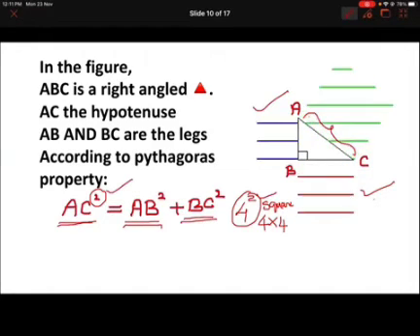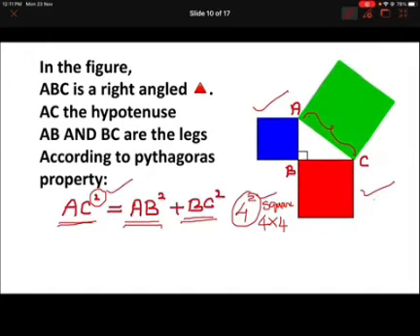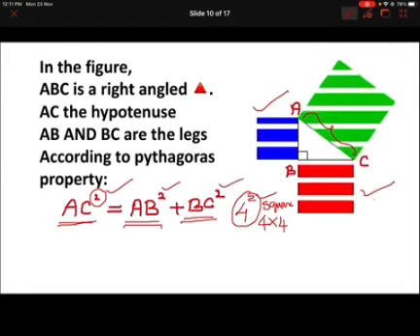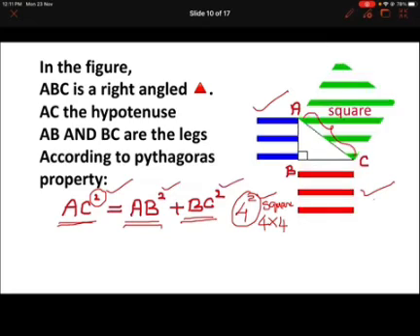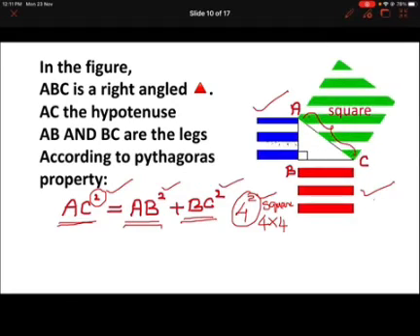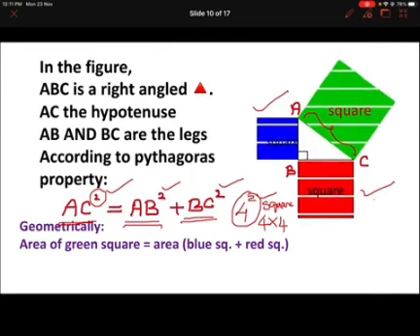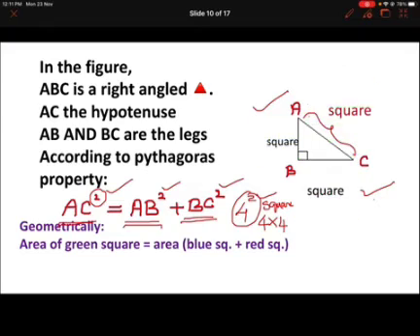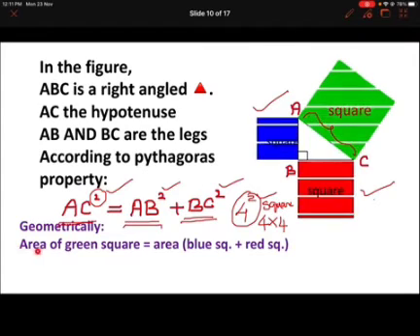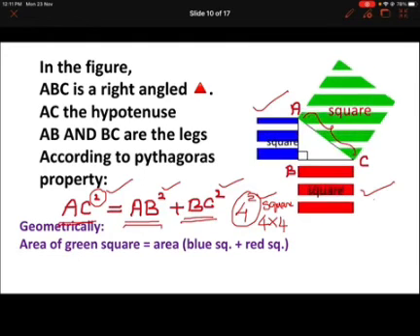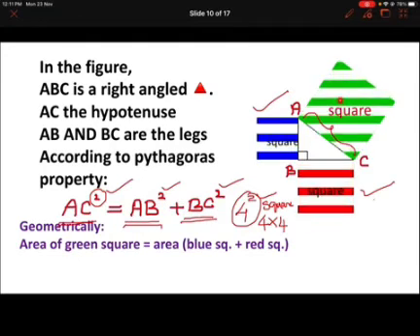So, exponentially, how do you read? AC squared, that is AC to the power 2. AC squared is equal to AB squared plus BC squared. Geometrically, there are 3 squares sitting on the 3 sides. We say the area of the green square, where is the green square? It's here.